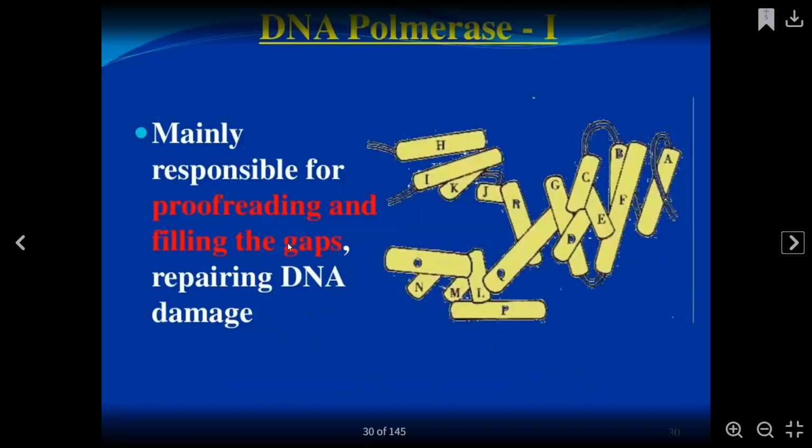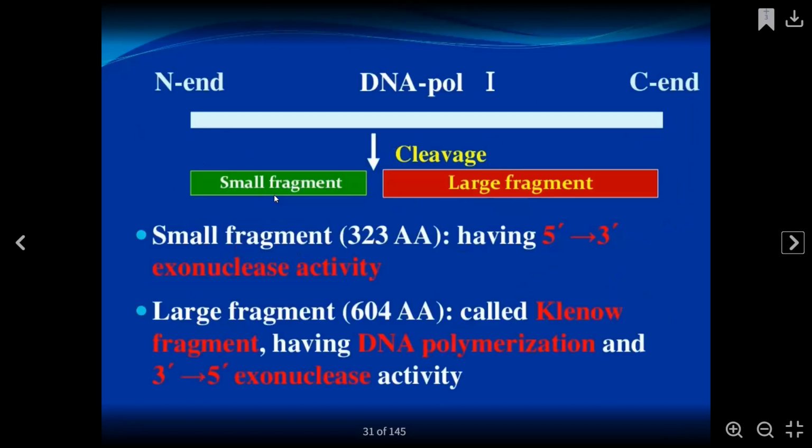The DNA polymerase 1 is mainly responsible for proofreading, filling the gaps, and repairing DNA damage. If there is any sequential change in ATGC, this enzyme helps to remove and correct it. Proofreading is correctness, like editing.